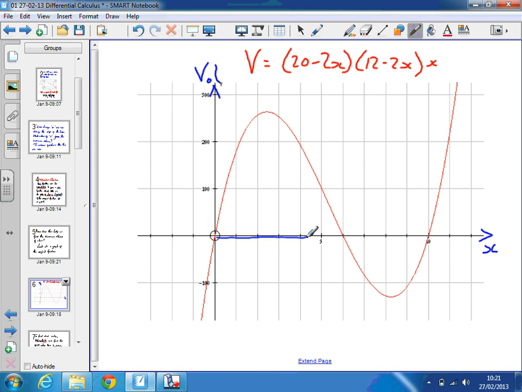So if x is 0, then it's flat and there's no three-dimensional volume, so the volume is 0. As I increase x, the volume is increasing. And the interesting thing to note is that there is a value for x that gives us a maximum volume.